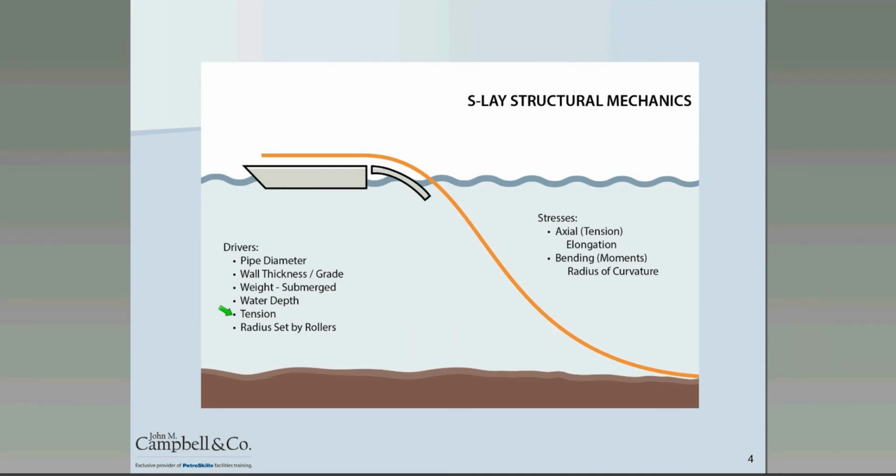Now, a key factor during construction is how much tension I apply to this pipe. As we mentioned in the lay barge picture on the previous one, that vessel was a moored vessel. It used anchor lines and cables as a way to hold it in position. There are other types of vessels that use large thrusters, these being called dynamically positioned vessels, and there are some large lay vessels that are dynamically positioned.